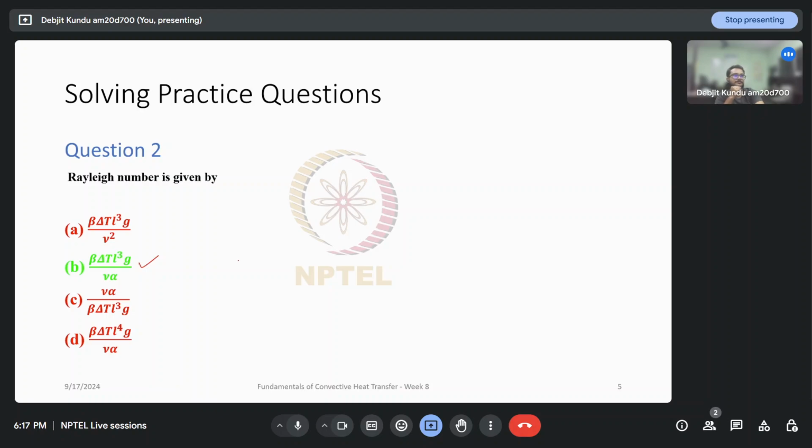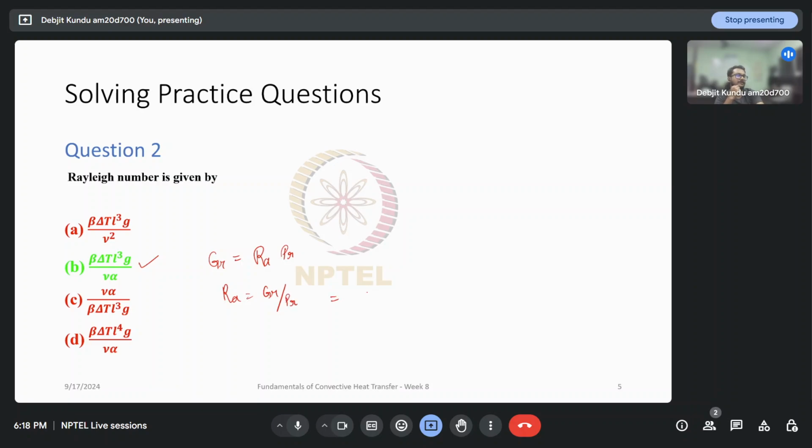Grashof number and Rayleigh number are usually related like this. Grashof number is actually equal to the Rayleigh number multiplied by the Prandtl number. So our Rayleigh number should be Grashof number divided by the Prandtl number.